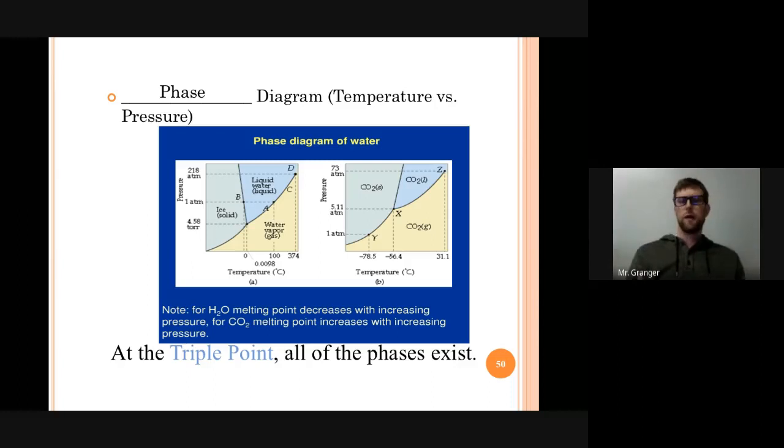So we're in the solid state for water. If you are kind of in the middle or top and you move to the right on your screen there, you'll move into the liquid quadrant. And down at the bottom in the tannish orange colored area, you'll see that we have gas.